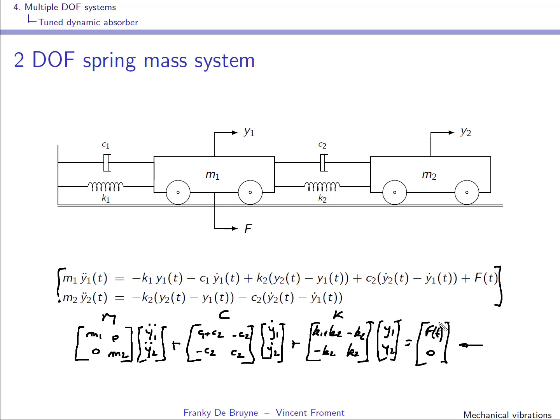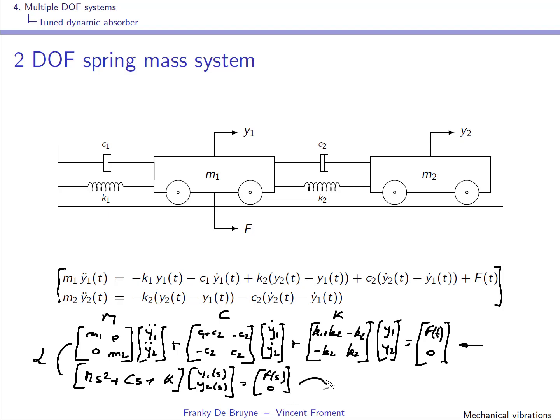So it's very easy to write, and it should be similar to what you have here on top. You can check that. Now if you want to have the transfer function, we had seen that it's very easy. You can do that by hand. You go to the Laplace domain and you write things like that: Y1(s), Y2(s) is equal to F(s) and 0.